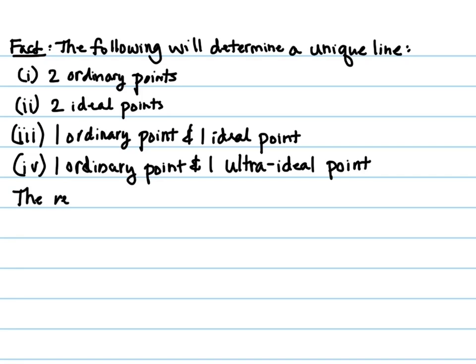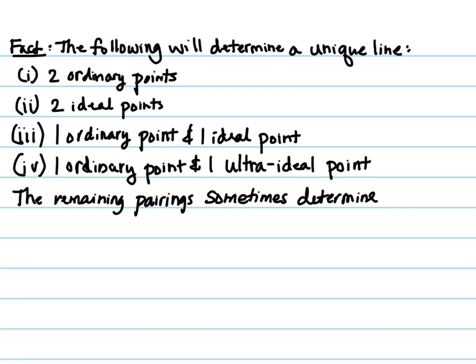The remaining pairings sometimes determine a line. So as an example to that, I'll show you just one of those such pairings. For instance, if you had one ideal point and one ultra ideal point.